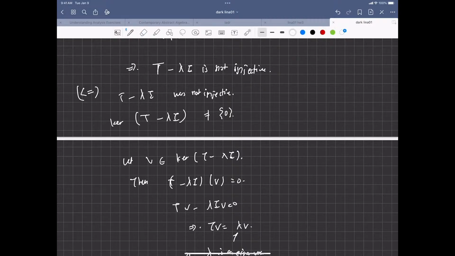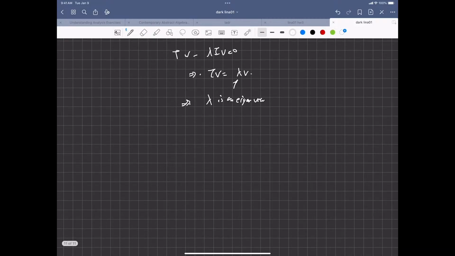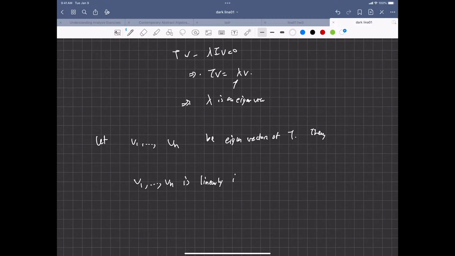Cool. So we now want to look at some more interesting propositions. It turns out that there are some other interesting properties of eigenvectors. So if we have, let's say, a list of eigenvectors, then it turns out that this list is linearly independent.